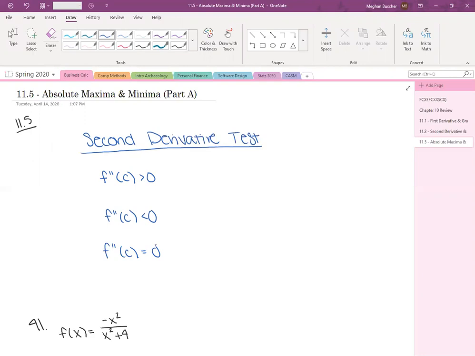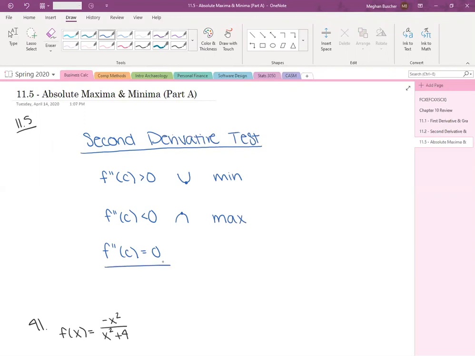So when the second derivative is positive, that means that we are concave up. And we can already see, based off of the concavity, that we're going to have a minimum there. And then the opposite is true when we have concave down. That's going to be a maximum.